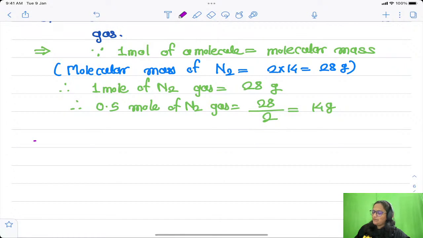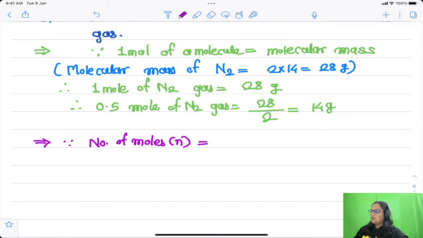There is another way to solve this question also. Do you remember we have seen the formula for number of moles? As we know, number of moles, which is denoted by the symbol small n, is equal to given weight divided by molecular weight.